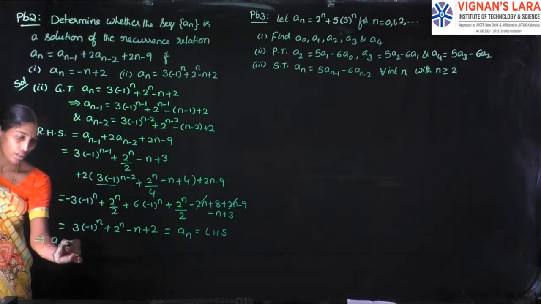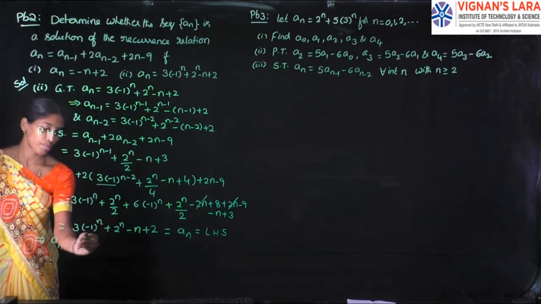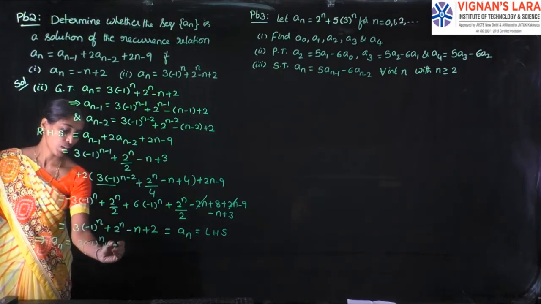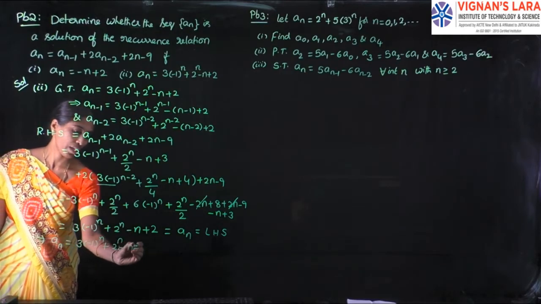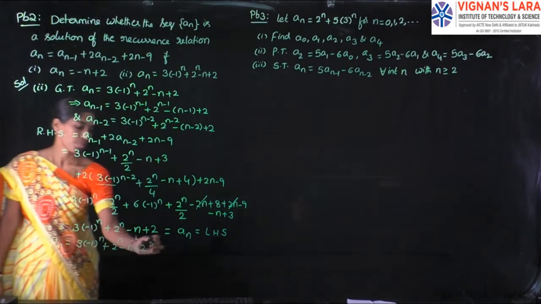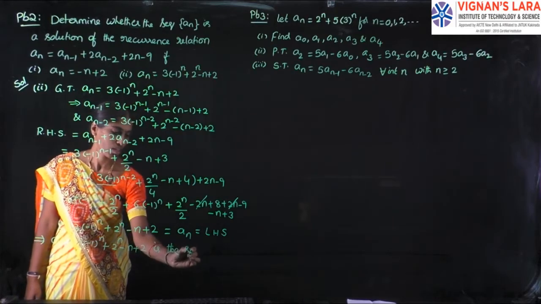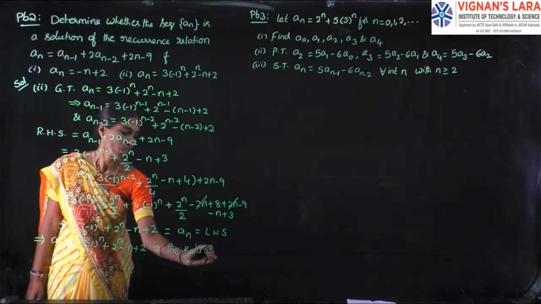What is an in the second one? an = 3(-1)^n + 2^n - n + 2 is the solution of the recurrence relation.